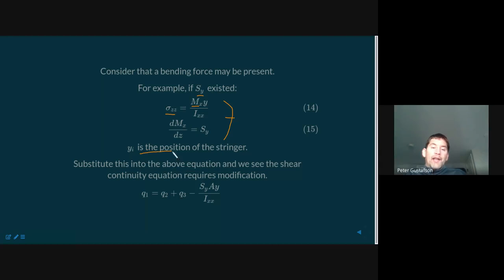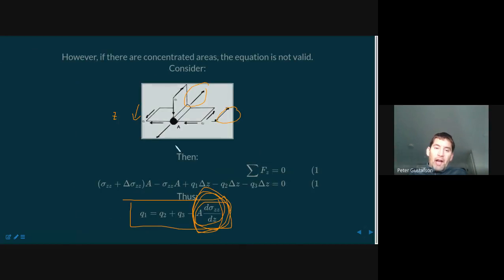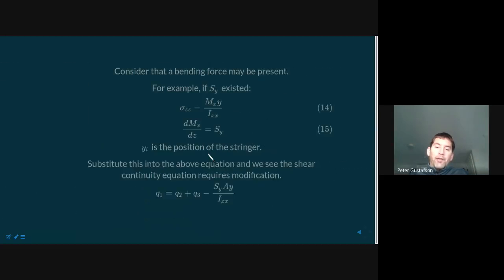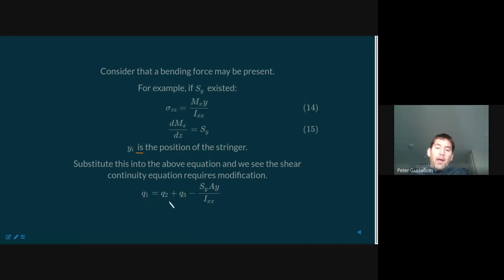And of course, y in this case is the position of the stringer, because in this calculation, it is the stress of the stringer itself. So this now references the y position of that stringer. And we bump all that into the equation here.